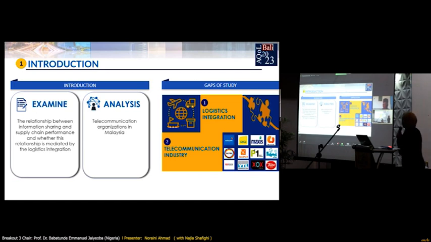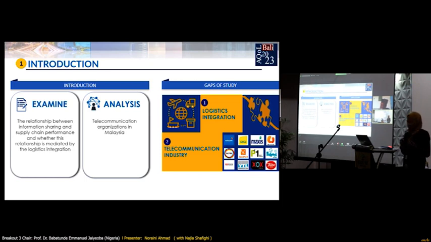Why do we have logistics integration as our mediator? Christopher 2016 highlighted that logistics integration is an essential component to ensure a smooth product process.